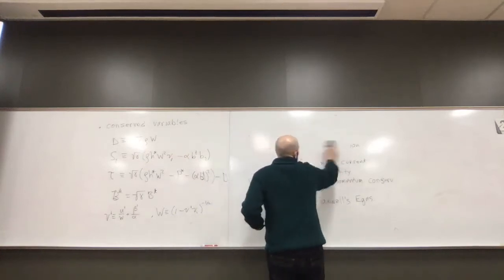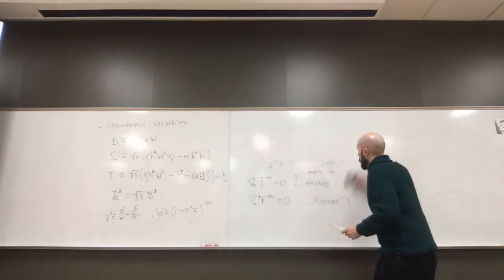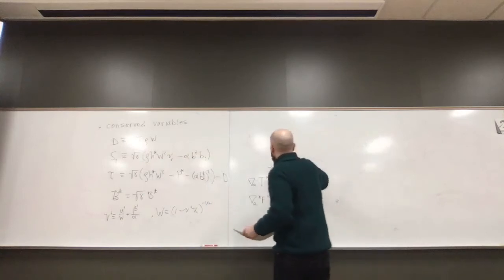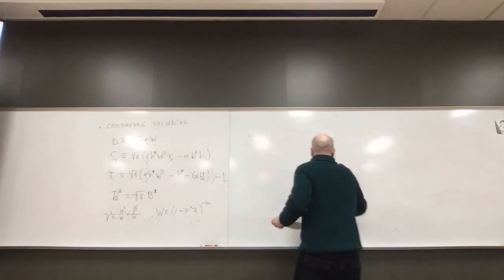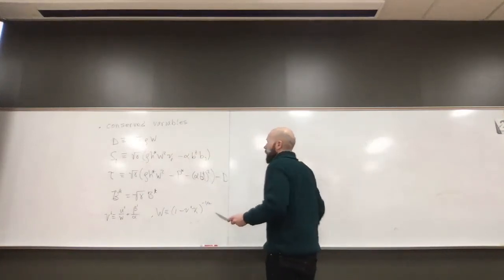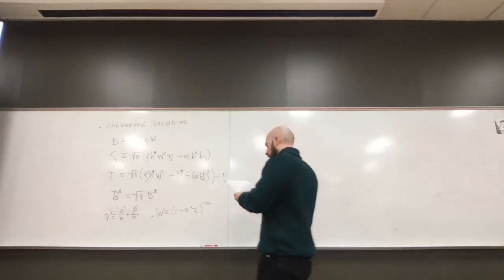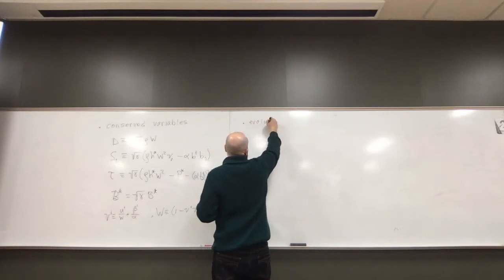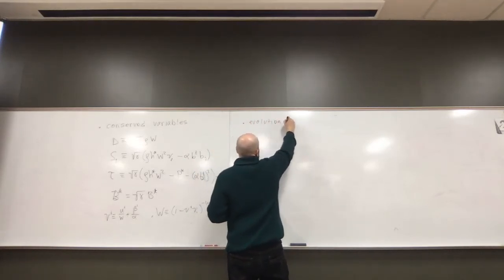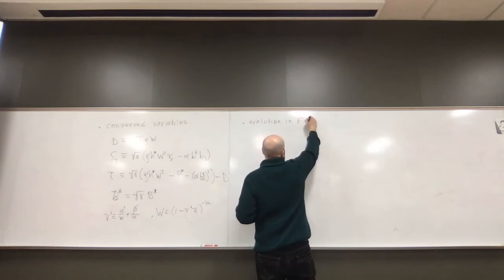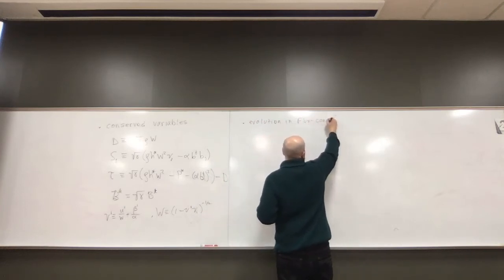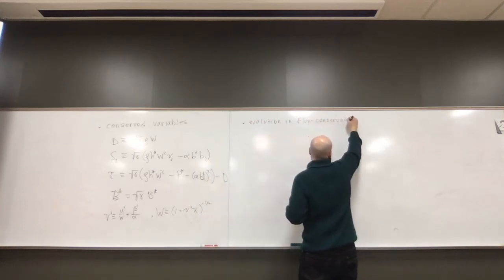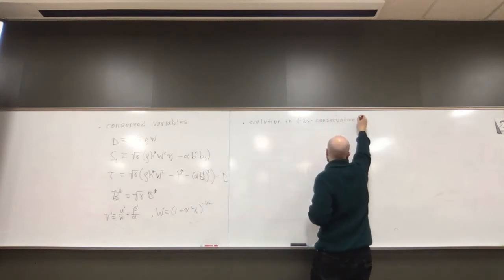so now, starting from these equations, we can write down the conservation laws. I won't do the full derivation. Okay. So, evolution in what's often referred to as flux conservative form, where we try to write this down in the form of a conservation law.